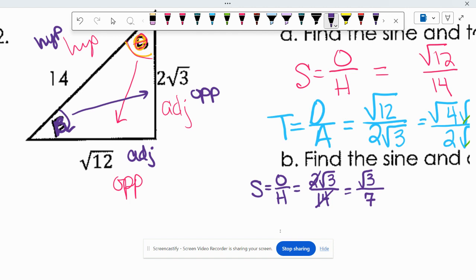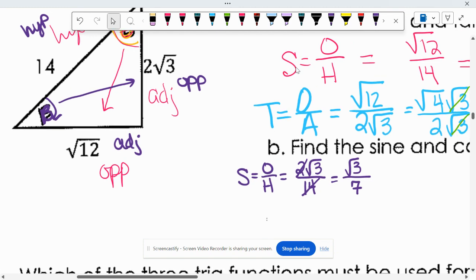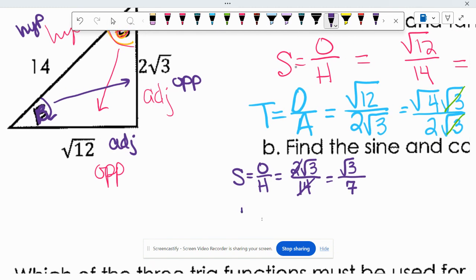I think I also have to find the tangent, right? Cosine. Sorry, it's sine and the cosine. So cosine, that's adjacent over hypotenuse. So the adjacent side is the square root of 12, and the hypotenuse is 14.